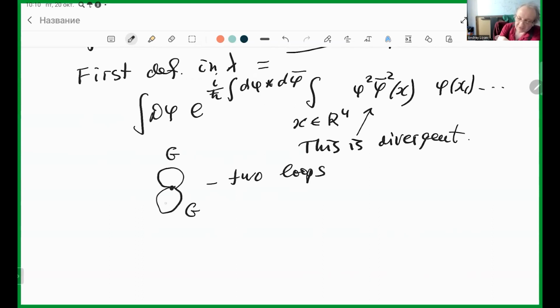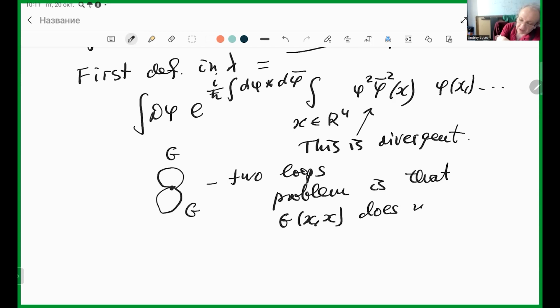But it's just a picture. And the problem is that G(x,x) does not exist. If we just say it's infinity, it would not help. We are not compactifying the values by infinity.